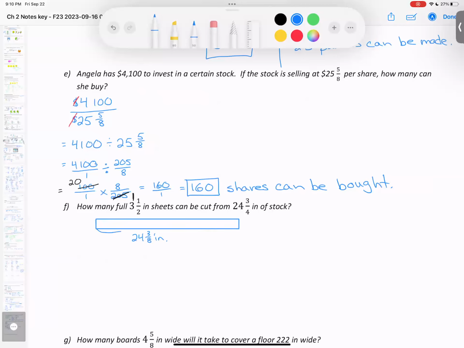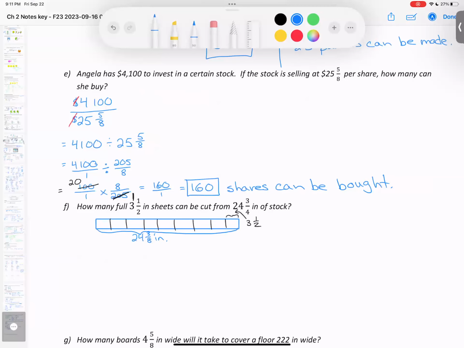Okay, so that's kind of like our total amount. That's the total there. And we want to know how many pieces that are each 3.5 inches can be cut from here. So each of these widths is 3 1/2.